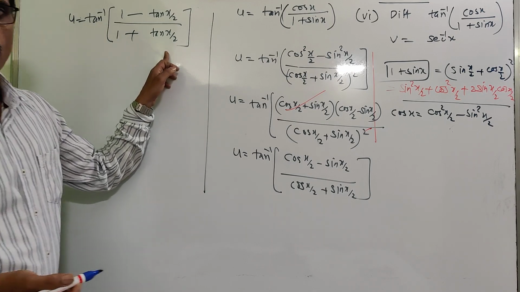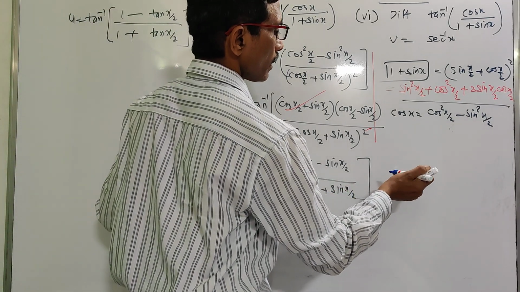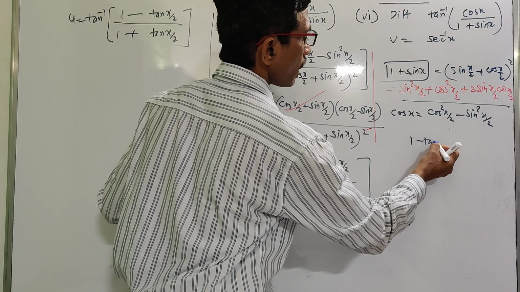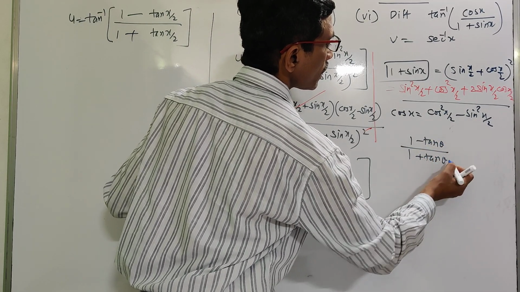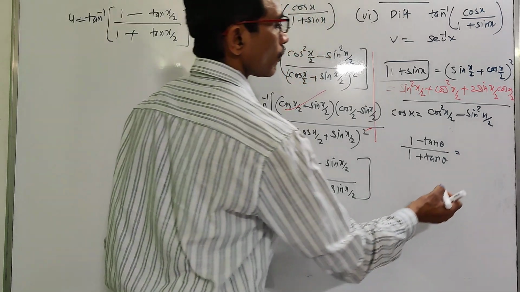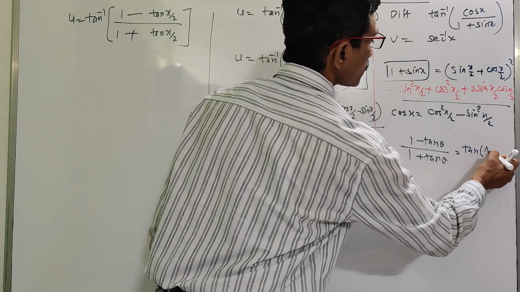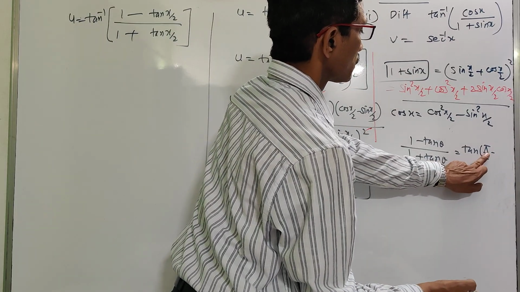We have the formula: 1 minus tan theta upon 1 plus tan theta is equal to tan of pi by 4 minus theta.